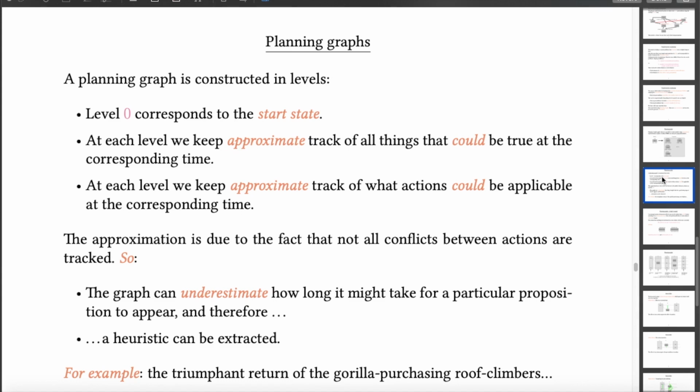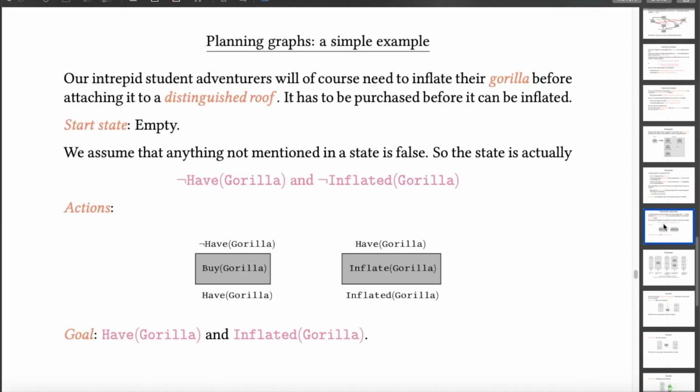So let us see an actual example, once again involving the guerrilla purchasing roof climbers. Now in order to be able to actually draw this, because these graphs can become big and complicated, I need an even simpler example. So the roof climbers will have to inflate their inflatable gorilla before they can attach it to a distinguished roof.